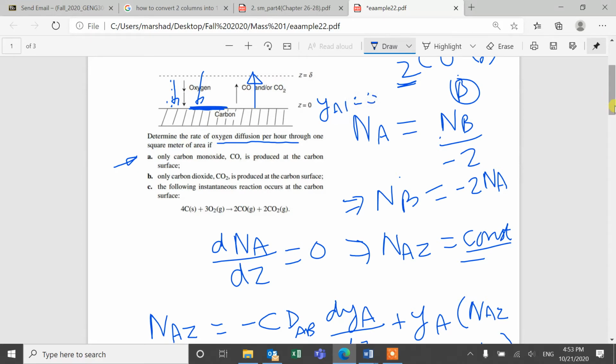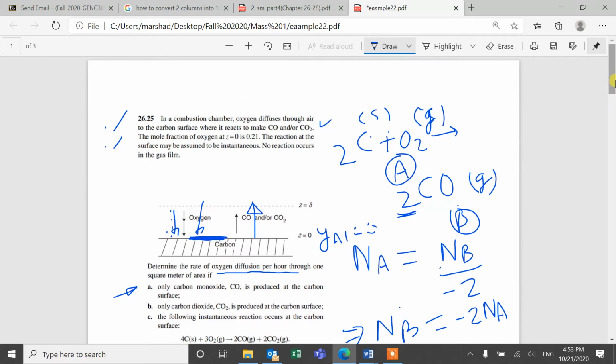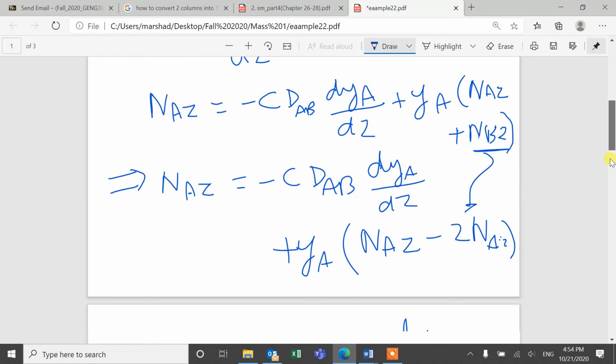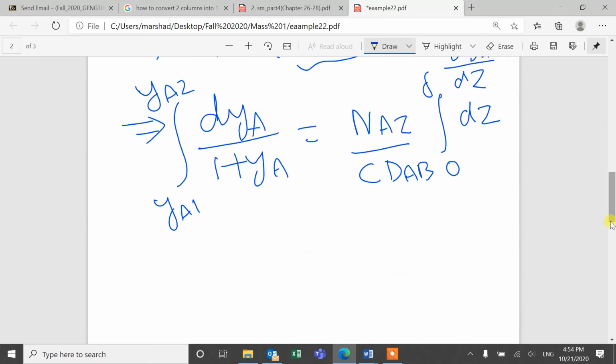And in the bulk, the mole fraction is given, so yA2 is 0.21. So yA1 is 0, yA2 is 0.21. So just integrate this.